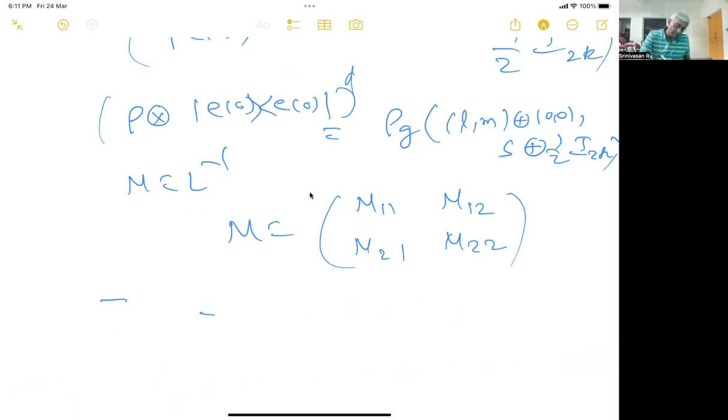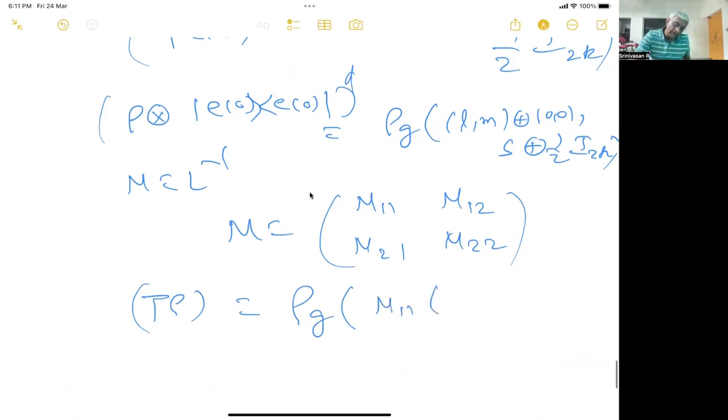Okay. Let me write it. I think the new S will be this: the trace of rho is just the Gaussian distribution given by M11 acting on LM. This is the new mean of that.